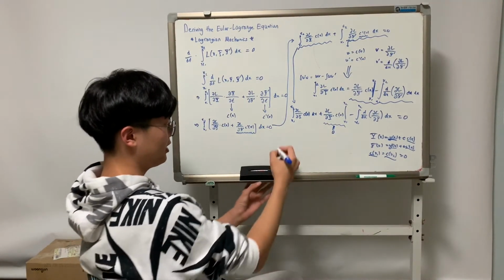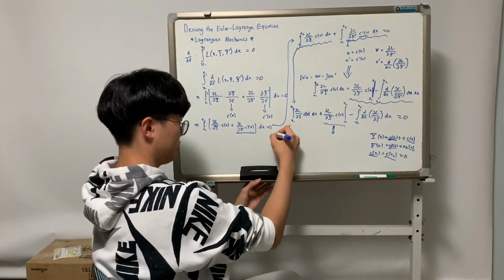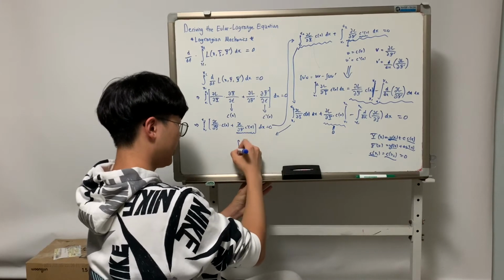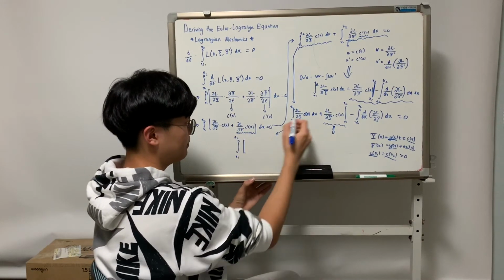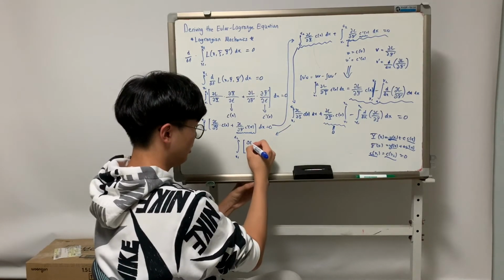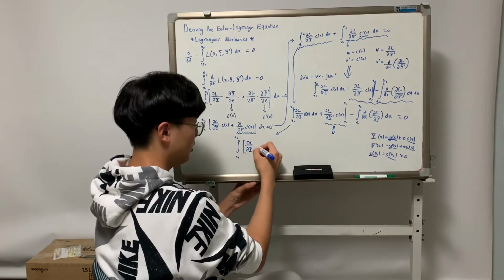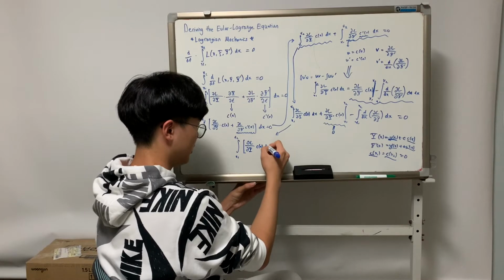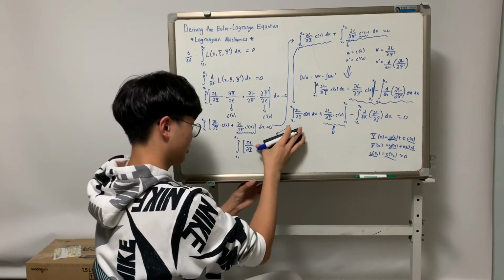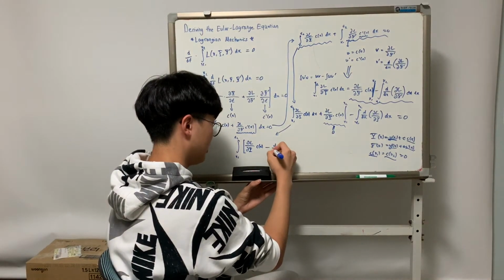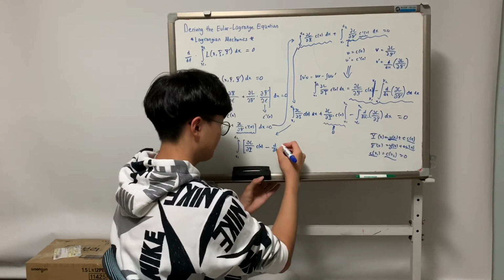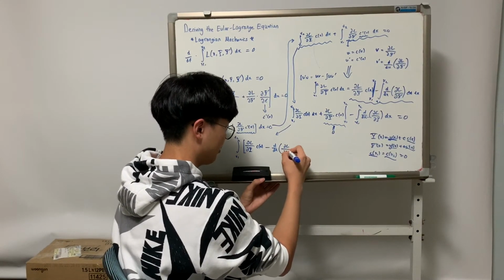And so we could combine them into one integral finally and get this over here, partial L of partial y, c of x, dx at the end, minus d over dx of partial L of partial y prime.